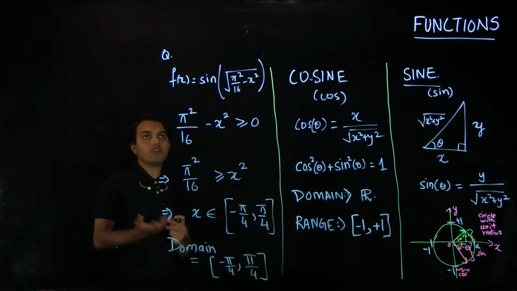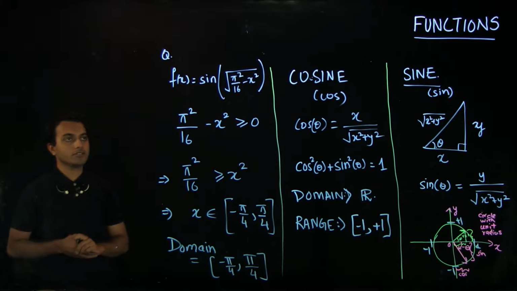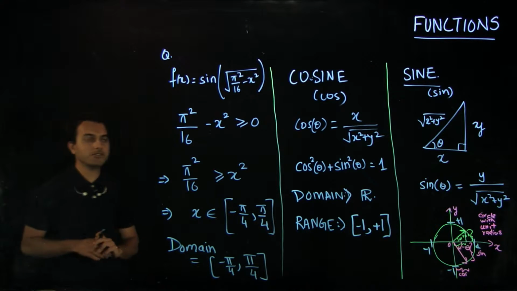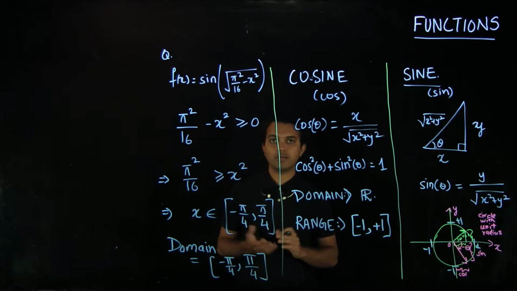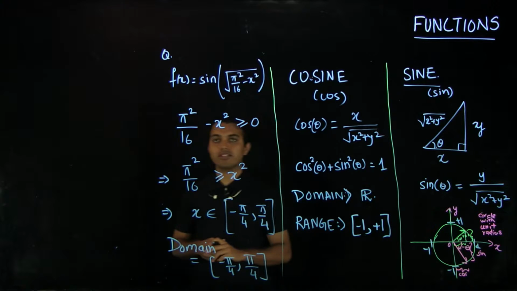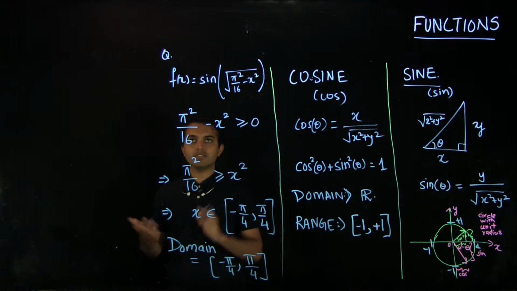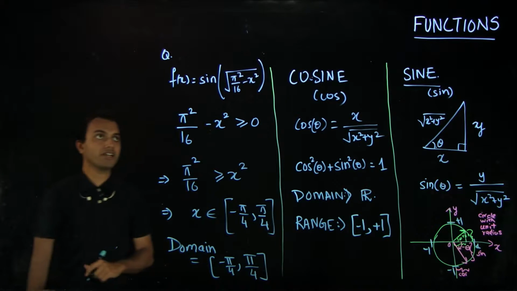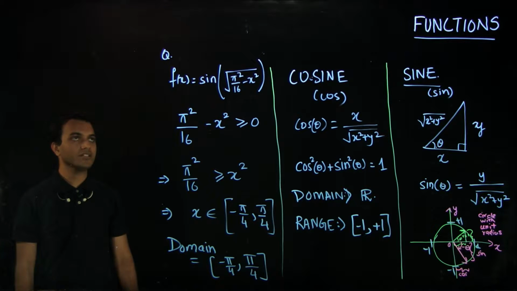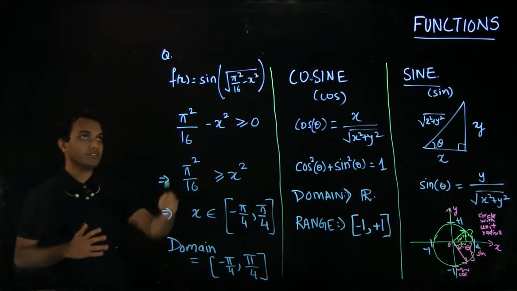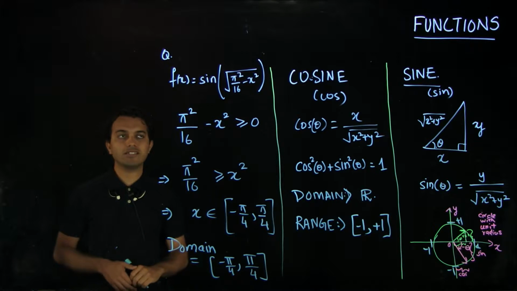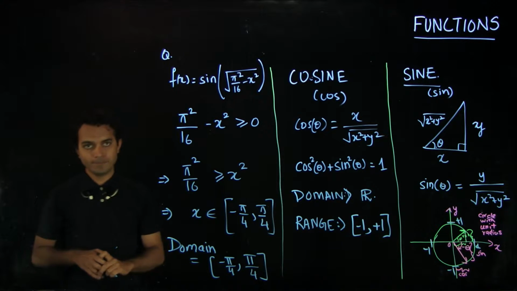Now let's say we want to find out the range of this function. Finding the range is slightly non-trivial and would require you to know some properties of differentiation and monotonic functions. So for those who want to try, please do try the range of this function. One trick I can tell you is to take the derivative of this function and see if it is monotonic or not.